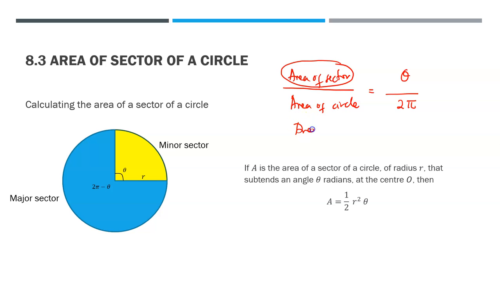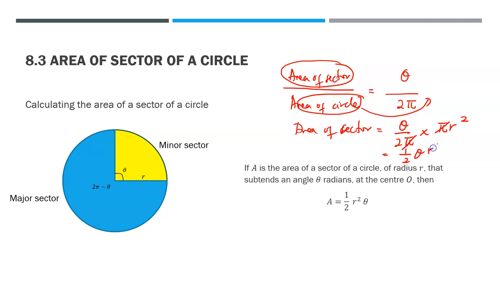So area of circle, what is the formula we bring to this side? So theta over 2 pi times pi r square, and then we simplify. Pi and pi cancel out, so you are left with only 1 over 2 r square theta.